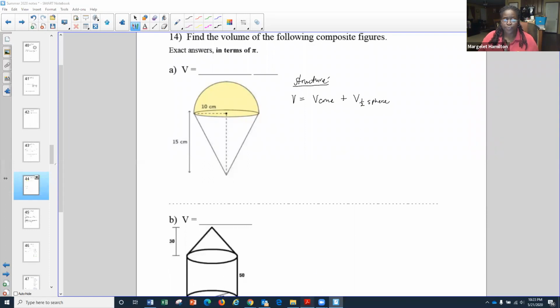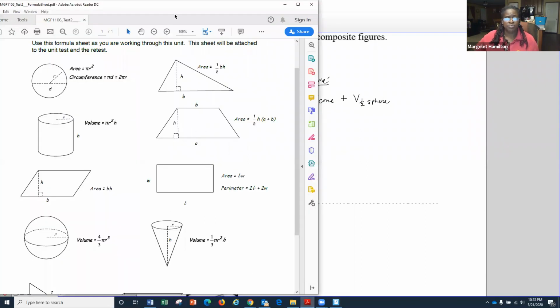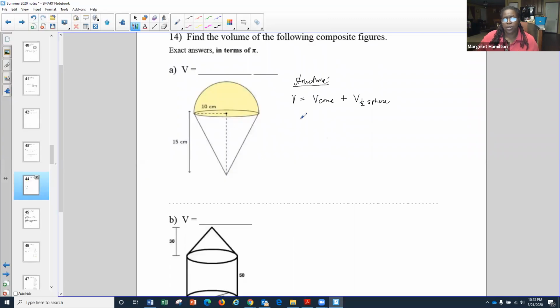Here we go. To our formula sheet, we need the volume of a cone. The volume of a cone is 1/3 pi r squared h. So 1/3 pi r squared h. That's my cone. Plus, now I need the formula for the sphere.